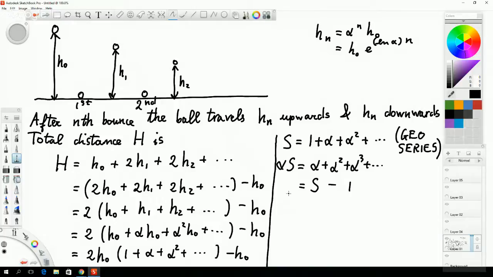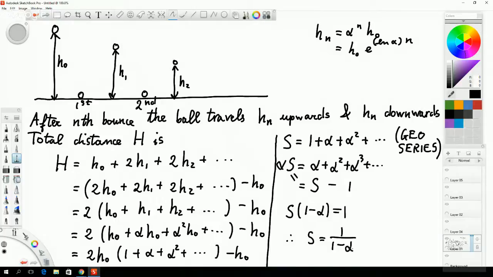So the right-hand side is now just equal to S minus 1. Just by multiplying both sides by alpha, we've got a very simple equation that S satisfies, which is that alpha S equals S minus 1. So let's just solve that. We get S into 1 minus alpha equals 1. Therefore, S equals 1 over 1 minus alpha.